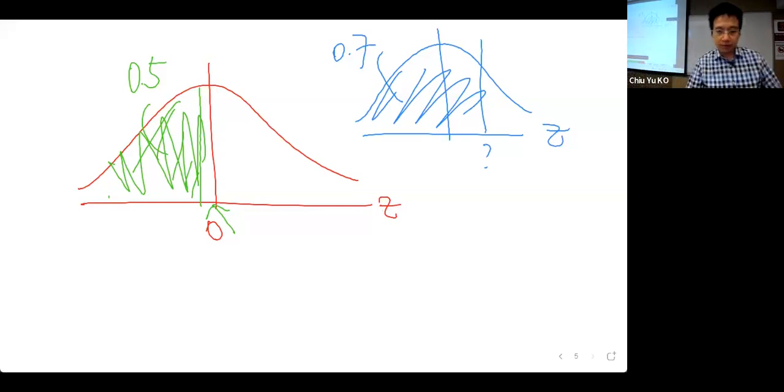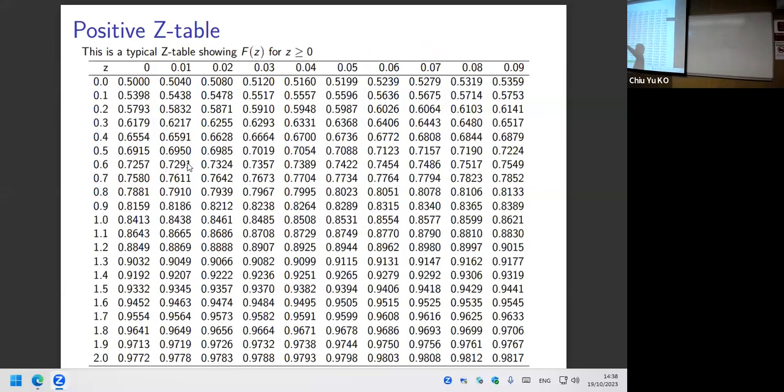So we're going to look at the table again. Don't make a mistake using this one. I have to read 0.7. I scan 0.6, 0.8, so somewhere here. Somewhere between these two numbers, 0.52 and 0.53.